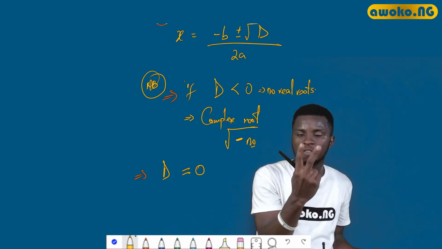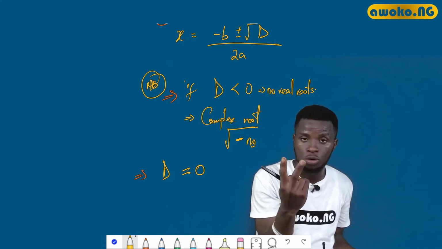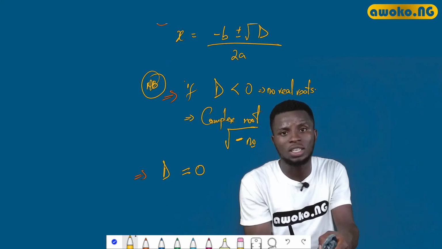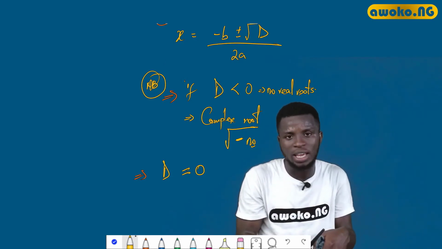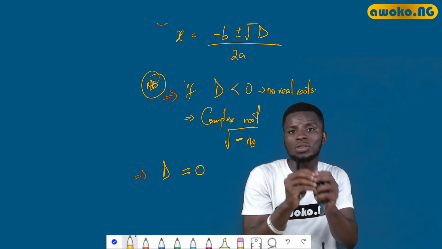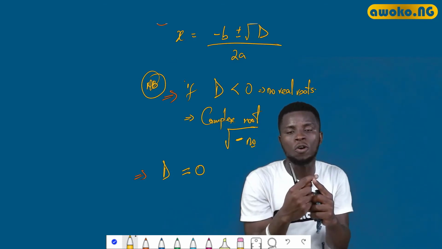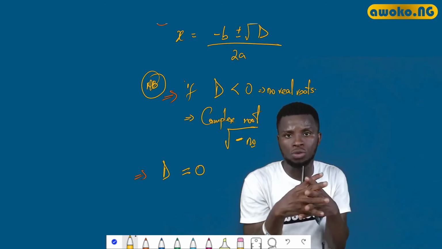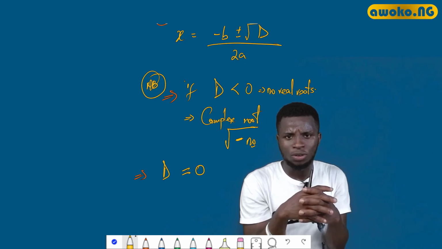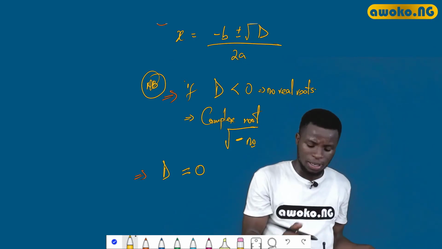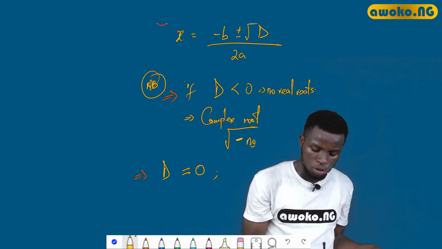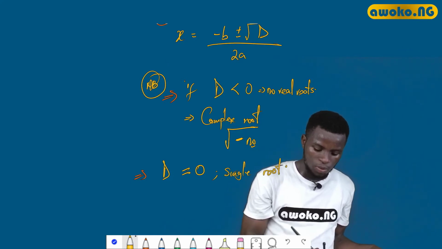You know, we need two roots of the quadratic equation. So if discriminant is equal to 0, that means we have the same root, just one root for both roots. Do you understand? So d equals 0 shows us that we have just a single root.